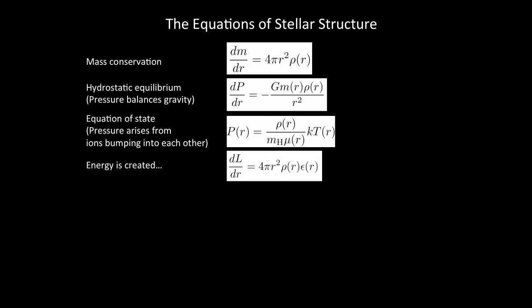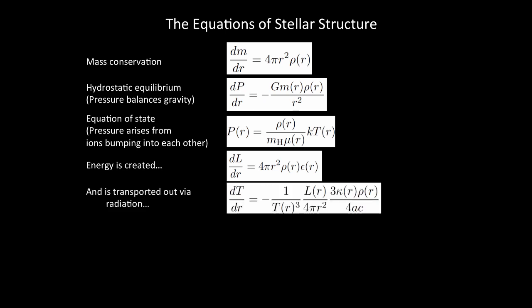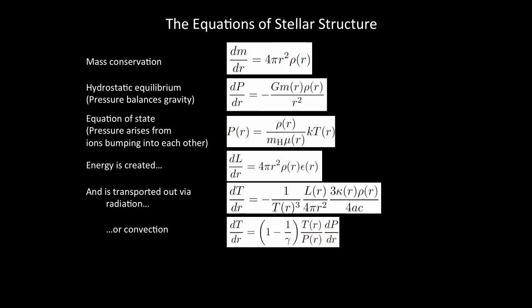Energy is created in the center of the star, so we derived an equation to reflect that, and it is transported out to the surface of the star via either radiation or convection or some combination of both of them.